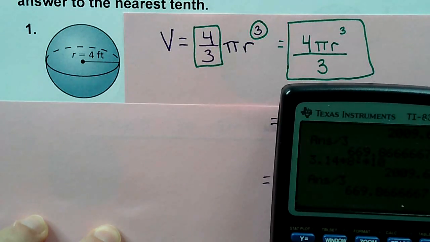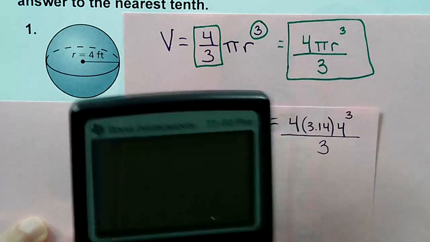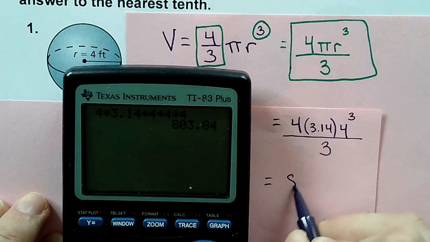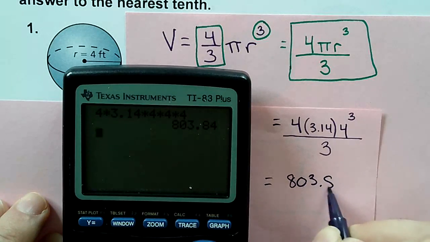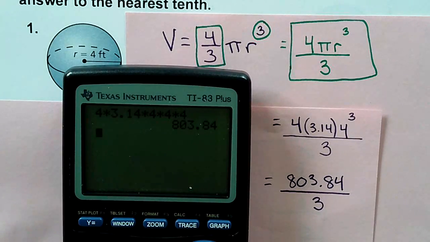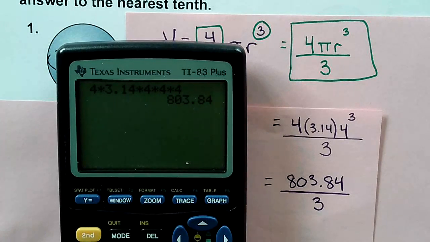So if I take my calculator, 4 times 3.14 times 4 times 4 times 4, 803.84. And remember to divide that result by 3. Now, if I wanted to, instead of 4 times 4 times 4, I could use my exponents on my calculator.